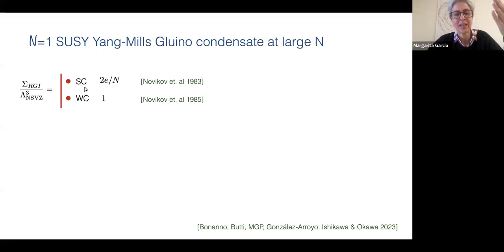One is called the strong coupling result, which is based on saturating the correlation function of lambda lambda with 1 instanton, and then using factorization to compute lambda lambda itself. In the large N limit, it gives a result that scales like 1 over N. Then there is the weak coupling approach, which is supposed to be the good one, which gives 1 for this number. So in the large N limit, they differ even in the dependence on N.